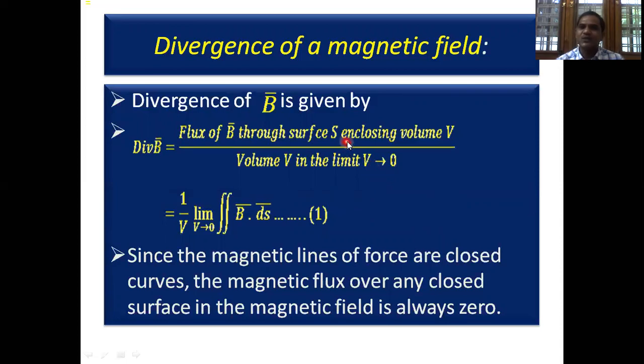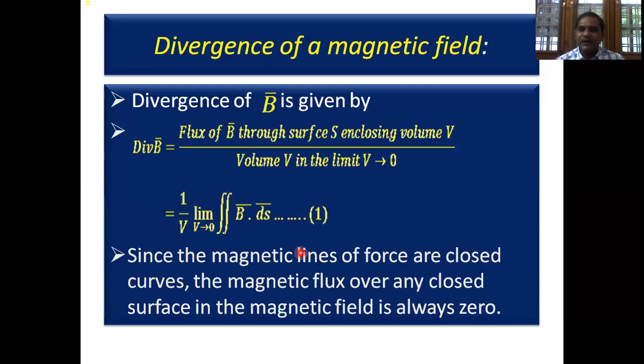So the flux through surface S per unit volume is nothing but divergence of B bar, where we consider a very small volume, that is V tends to 0. So you can write 1 by V, limit V tends to 0, surface integral B bar dot ds bar. The flux of B bar through surface S can be written as surface integral B bar dot ds bar, equation 1.